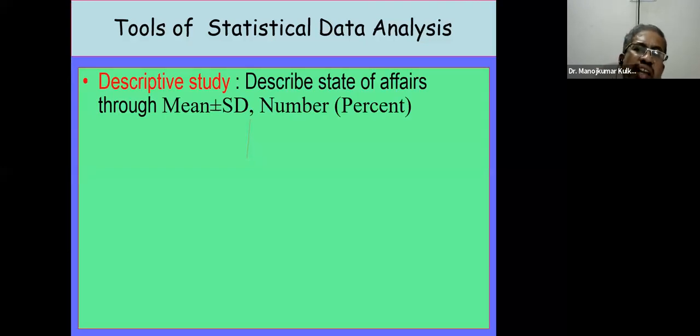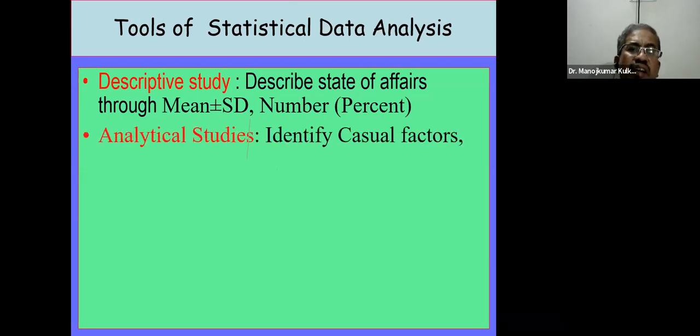Okay, how do you analyze this? Especially beginners are clueless, like when to use mean, when to use median, when to use number and percentage. So you need to have some background about your study, what type of study it is. Either you may be conducting a descriptive study or an analytical study. In a descriptive study, what happens? You are describing the state of affairs.